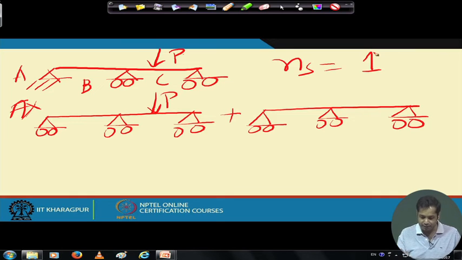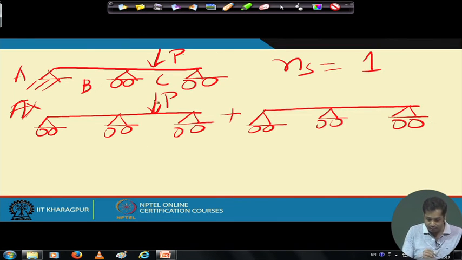The second stage is identification of the choice of the redundant force, suppose our redundant force is Ax, and then divide the structure into parts depending on the value of NS, where the basic structure is subjected to load and the basic structure is subjected to redundant forces. Okay.